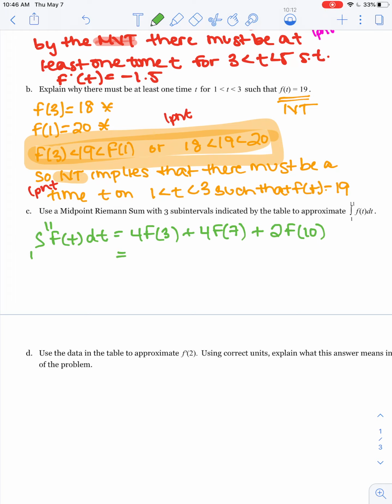And then using our table of values, we can substitute 18 for f of 3, 14 for f of 7, and 7 for f of 10. This will give us 72 plus 56 plus 14, which will give us 142.